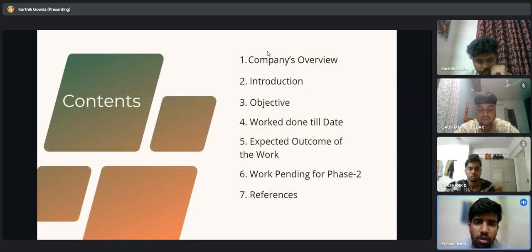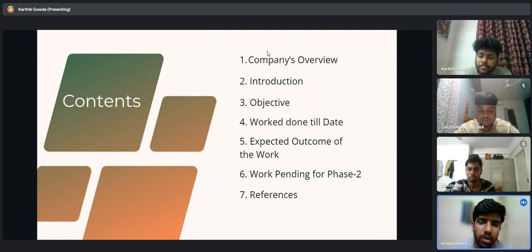This is an overview of what we will be covering in the presentation. First is the company's overview, which includes what the company does, where it is, what its name is, etc. The introduction explains which sectors the company is investing in, what areas it is covering, how big the company is, and its importance to the economy.